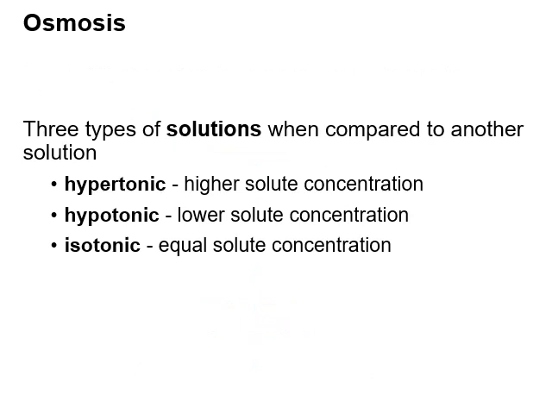And when we talk about the movement of water, we can talk about three different solutions when we're comparing, say, the inside of a membrane to the other side of a membrane. If we say that a solution is hypertonic, hyper meaning a lot, like a child that is hyperactive has a lot of activity.